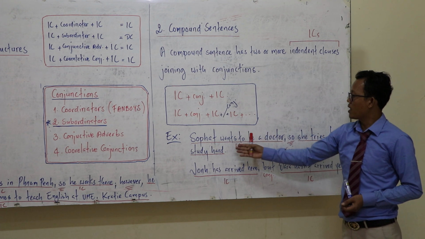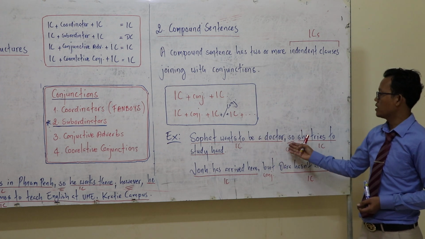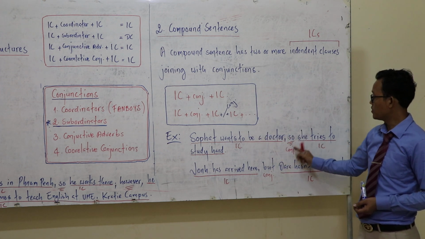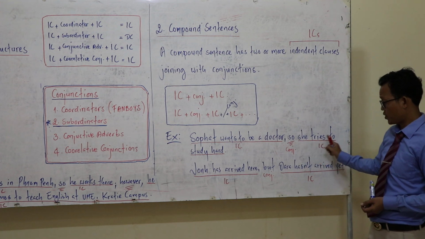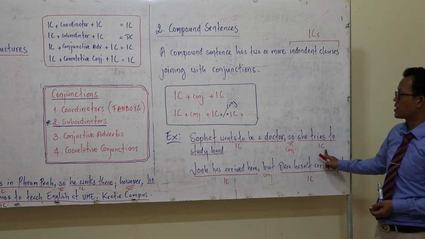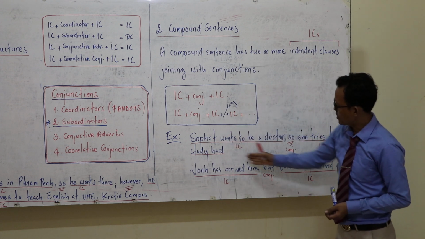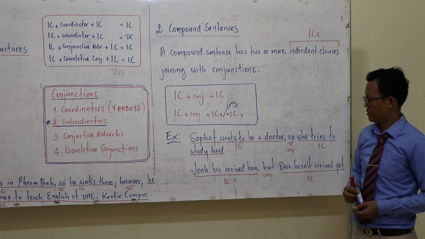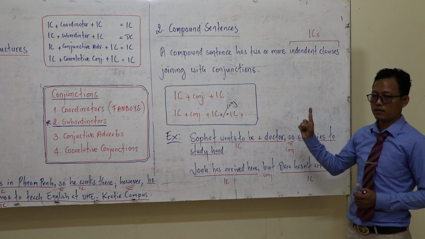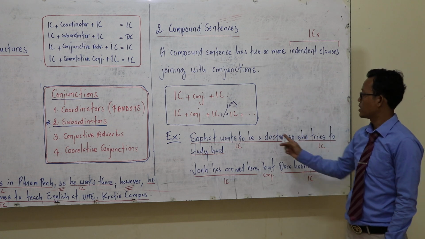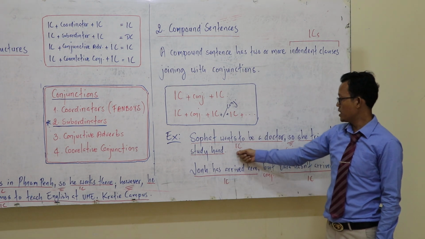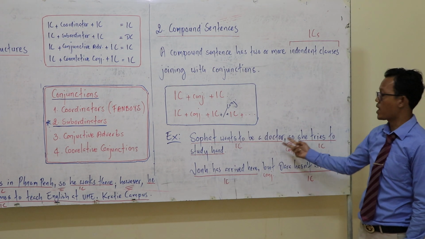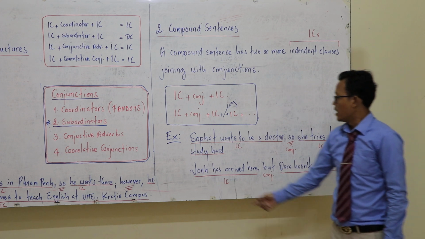So this sentence we call a compound sentence. One sentence, but two clauses, I mean one clause IC and another clause IC. So two ICs.